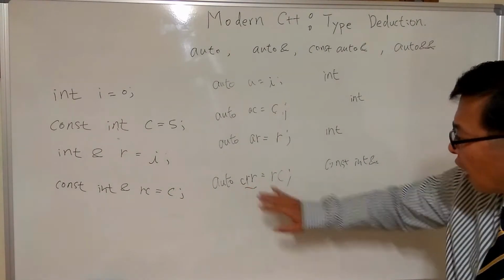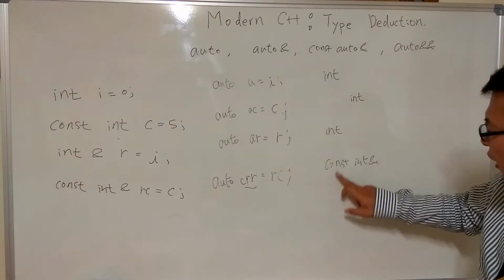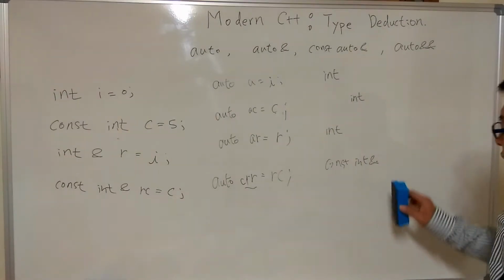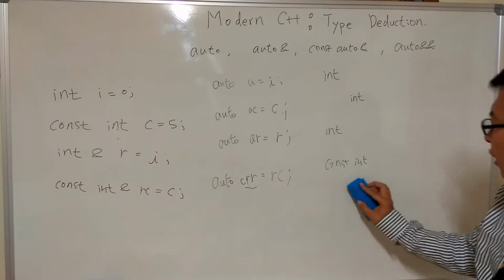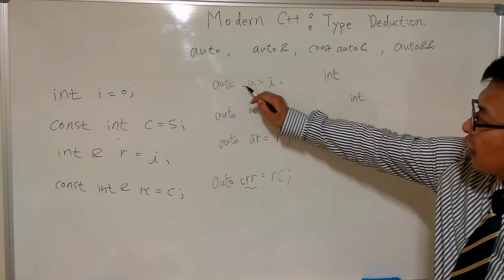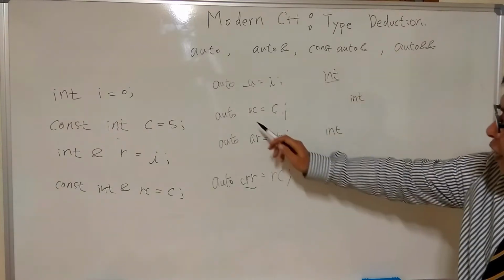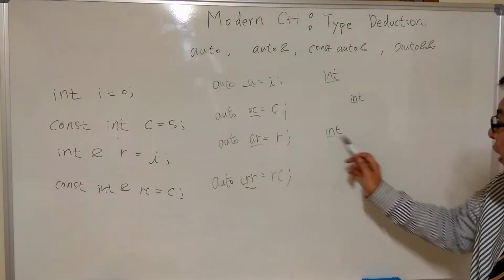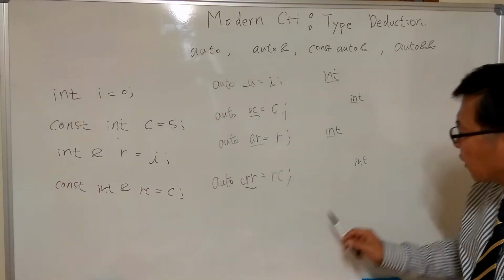CRR's type should be const int reference? When the reference goes away, the const goes away. A's type will be int, AC's type will be int, AR's type will be int, CRR's type will be int.